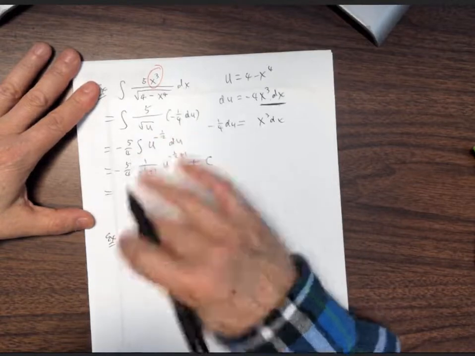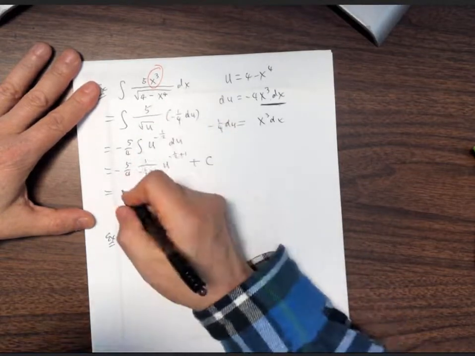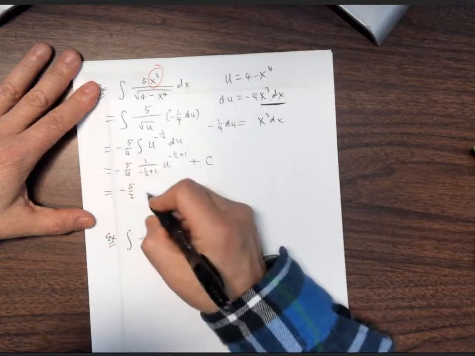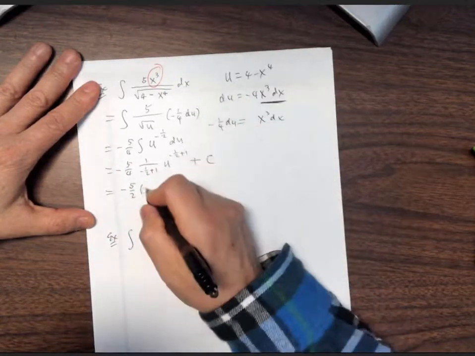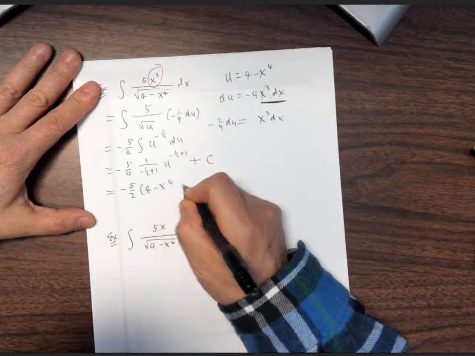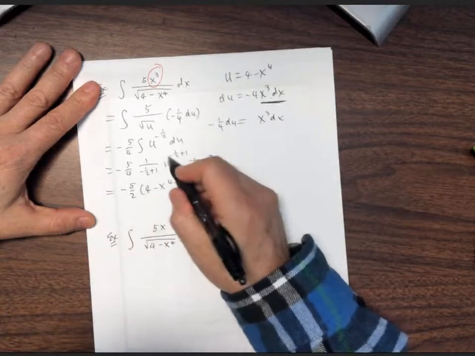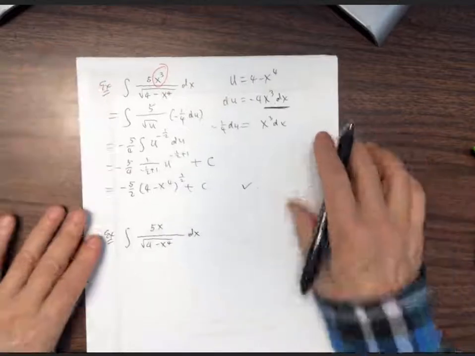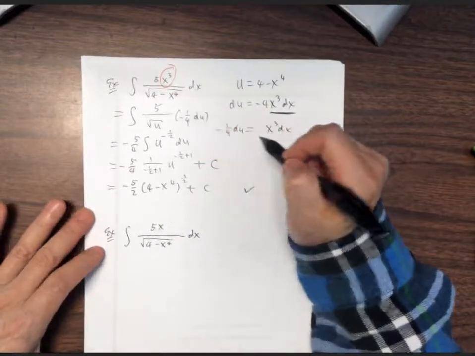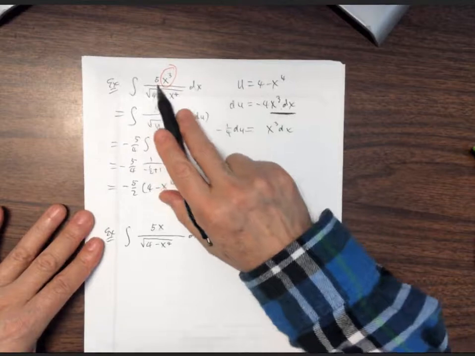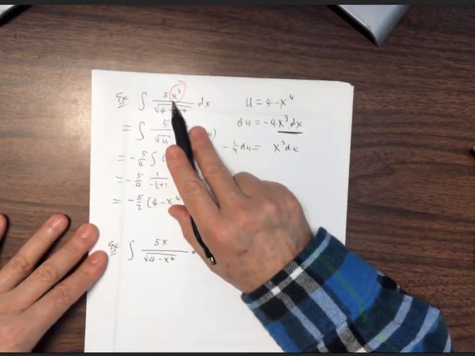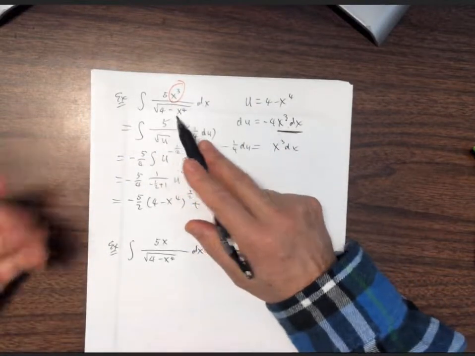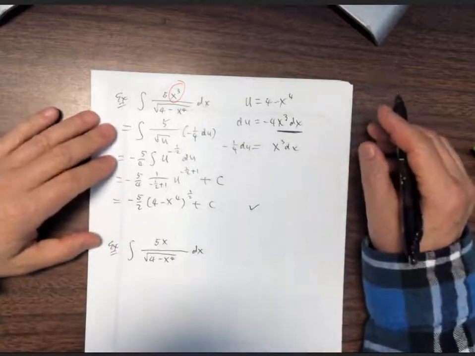So half, flip it, becomes 2 on the top, so it's 5 over 2, and the u is 4 minus x to the fourth power, positive half power plus c, and done. So this is just another example of how we do substitution, how we analyze before we actually do anything, whether there's a supporting factor.